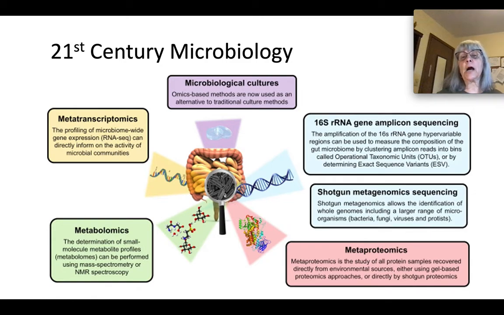So the first two boxes here, we have the 16S rRNA gene sequencing. So what they do is they break apart a little segment of a gene for rRNA, and it's the 16S, which is specific only to bacteria, rRNA gene segment.